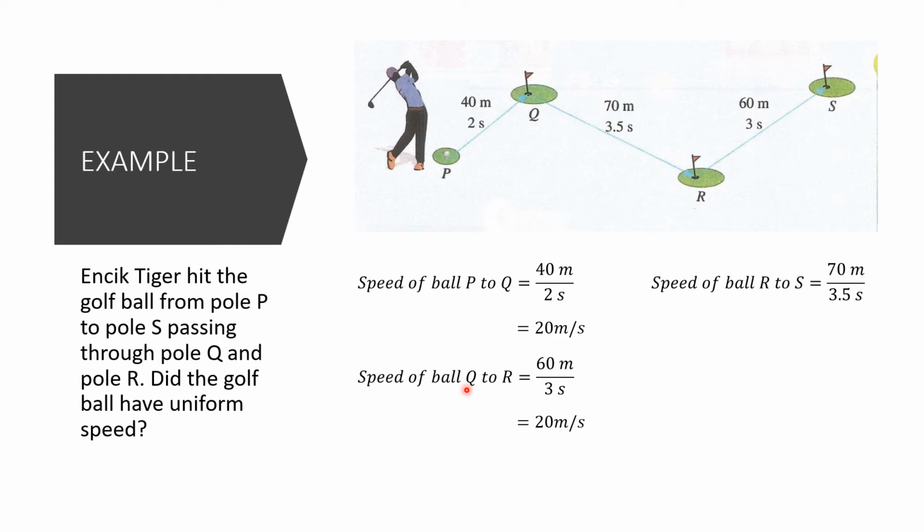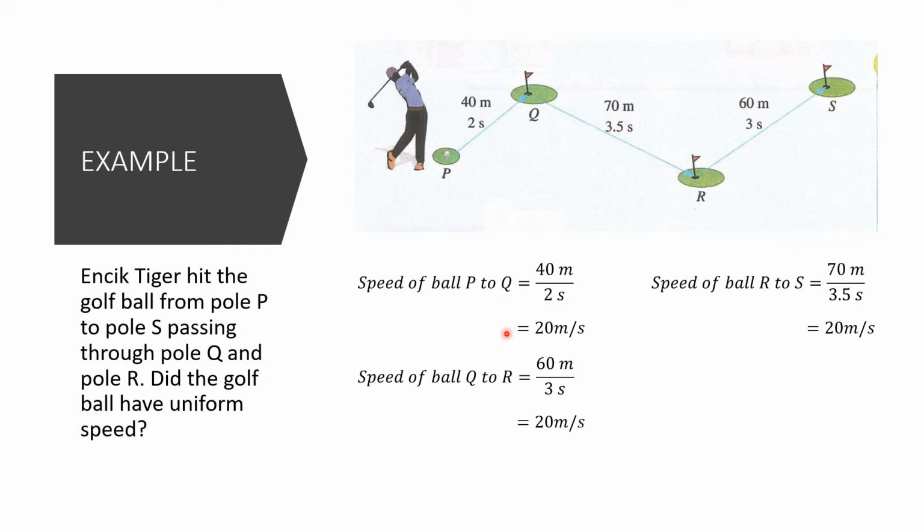There is a slight mistake in this slide: the speed of the ball from R to S is supposed to be 60 over 3, and the speed of the ball from Q to R is supposed to be 70 over 3.5. So you just switch the answers here.